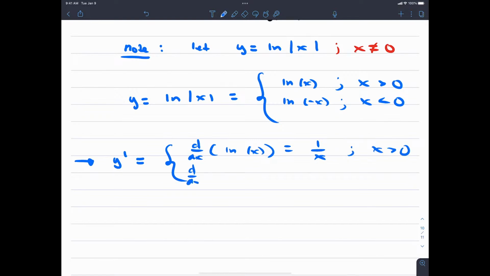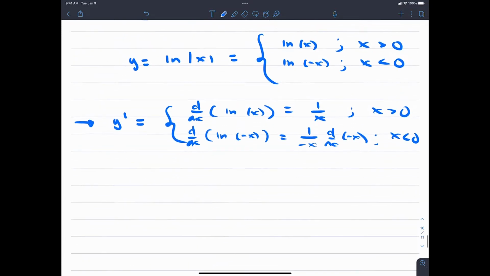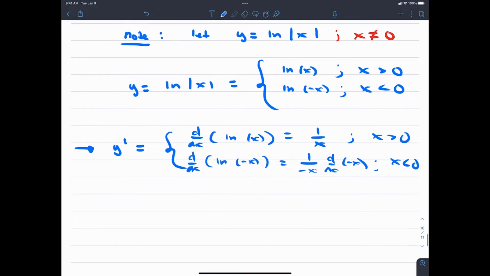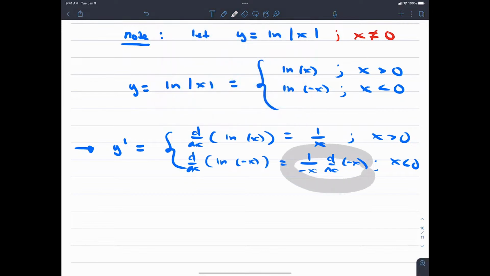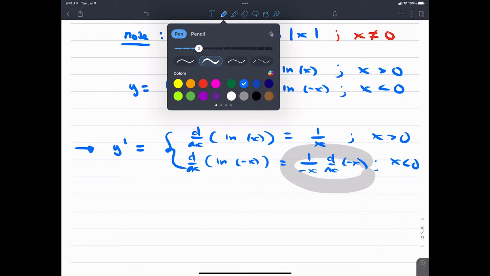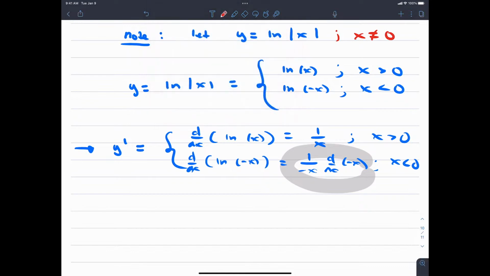And then if you say, well, what's the derivative of the natural log of minus x? This is where I have to use what? Chain rule. That happens when x is negative here. So the work here is not done, because I now have to take the derivative of negative x by chain rule, which is negative 1.